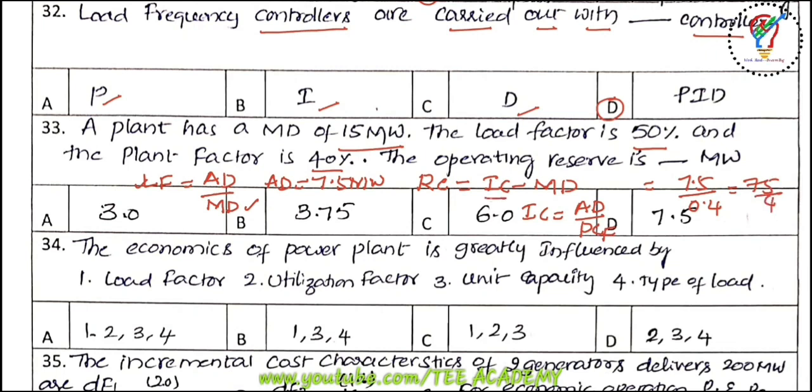Now substitute the IC value and the MD value: 75 divided by 4 minus maximum demand, which is 15. If you solve this, you will get 3.75. So the answer for this question is 3.75. Hope you understand the question. Try to solve it on your own, you will get the answer.